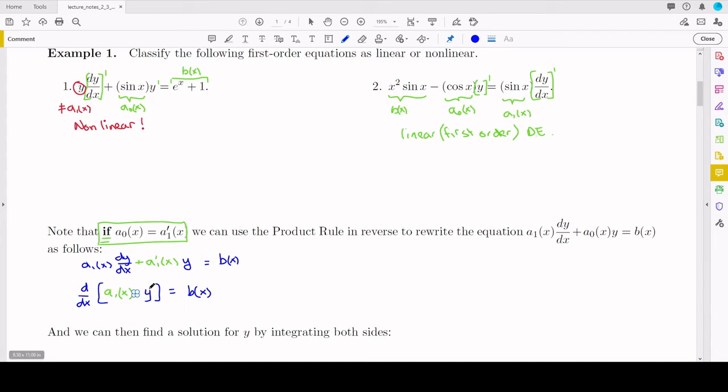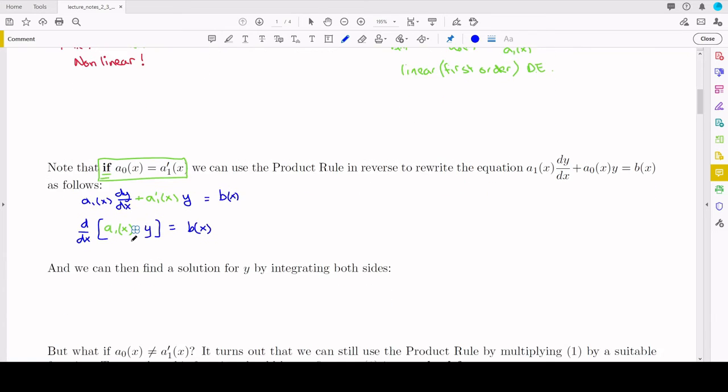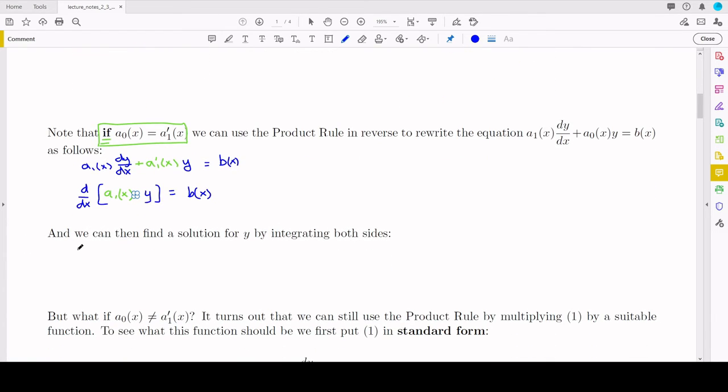Okay, now how can we use that to solve the differential equation? Well, we have a derivative of something equals b of x. So to get rid of that derivative, we can integrate. So we start off with d/dx of a1 of x times y equals b of x.